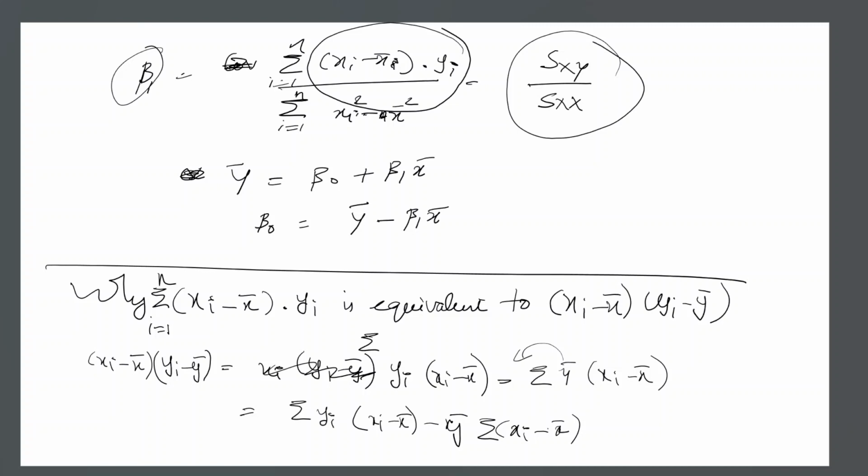So we know the sum of the residuals always tends to 0. So when you equate it, this will become 0. Hence proved that the sum of yi into xi minus x bar is the same as Sxy.